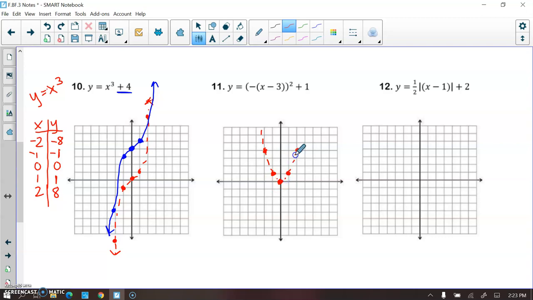We're now going to graph this using our transformations. Now first we would do a reflection over the y-axis. If we did a reflection over the y-axis, guess what? This point that I highlighted in yellow is just going to move right to this point here.